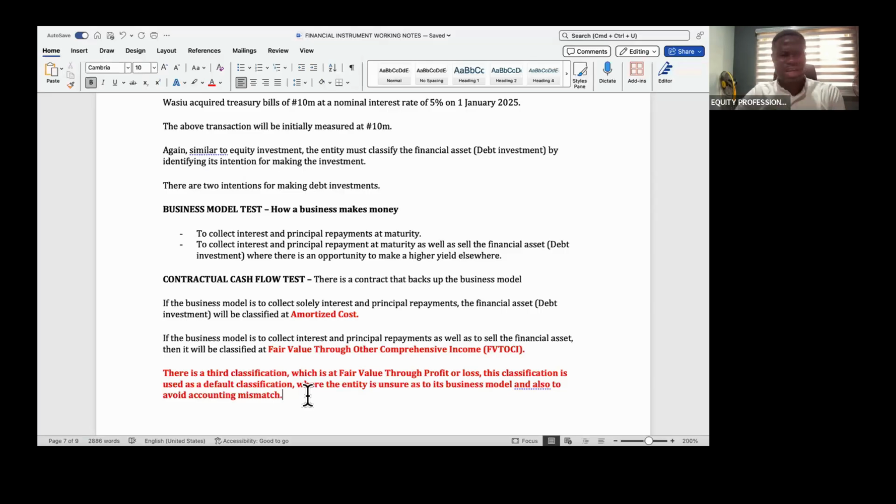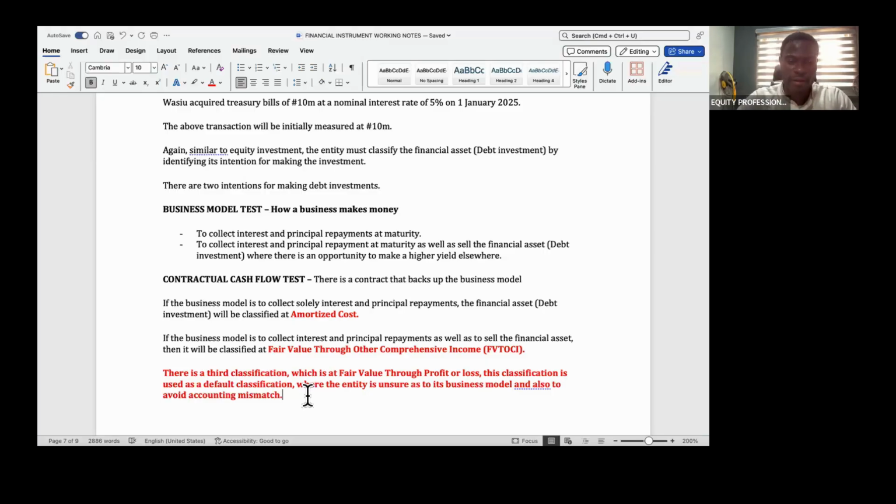And also an entity can elect that, okay, I want to classify this investment at fair value through profit or loss. It can do that. The standard allows that as far as this is concerned.